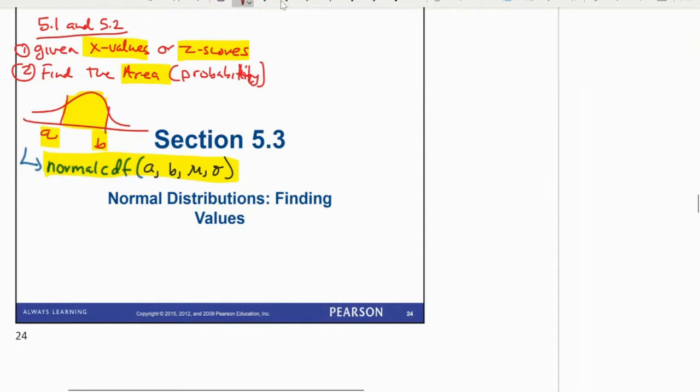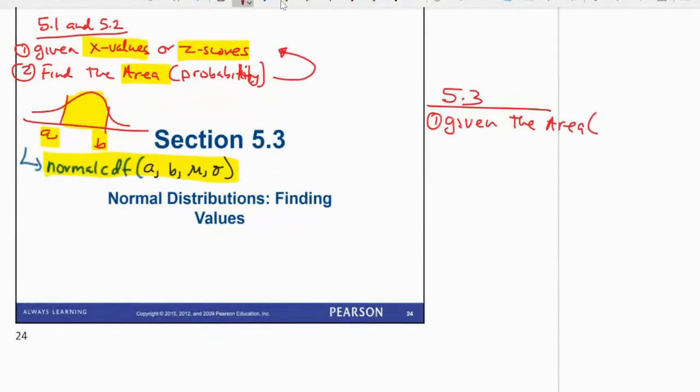Today, we're going to do the reverse of this. In other words, now you're going to be given the area, and then you are asked to find the X value or the Z score. So under 5.3, you are given the area, or you're given the probability, and then you are asked to find the X value or the Z score.